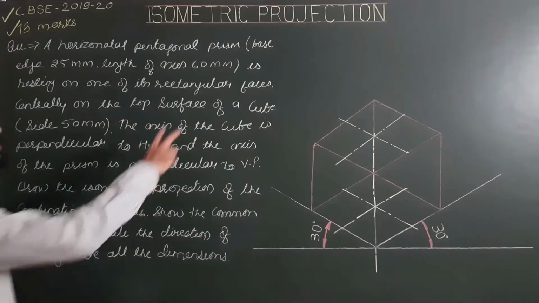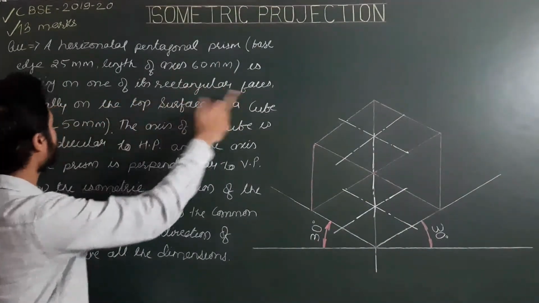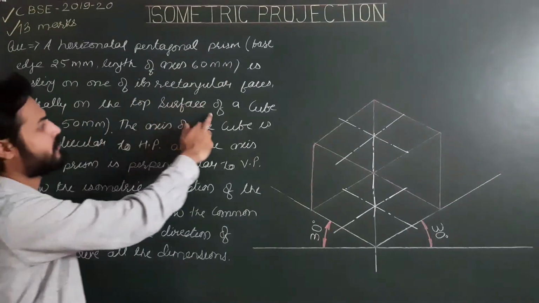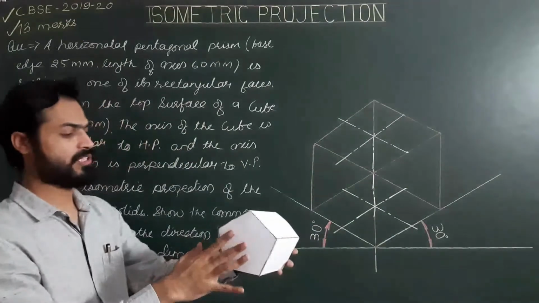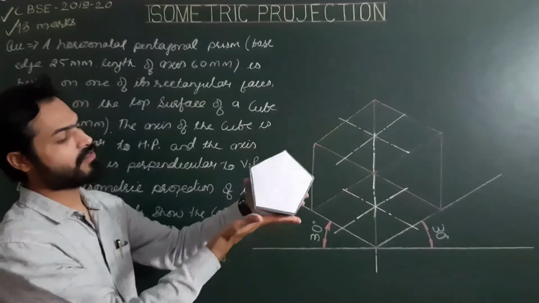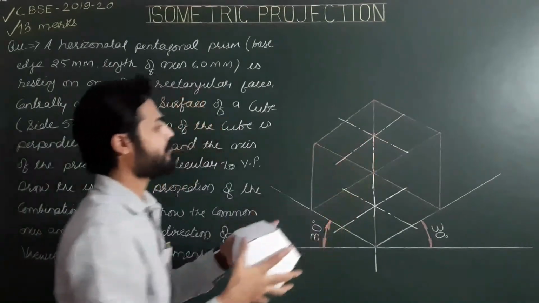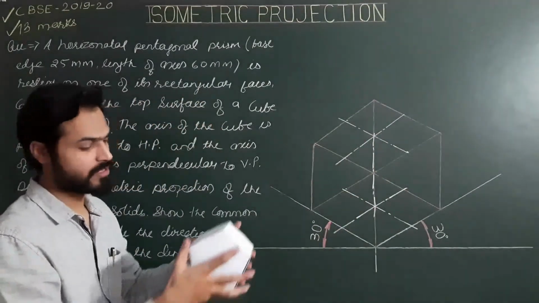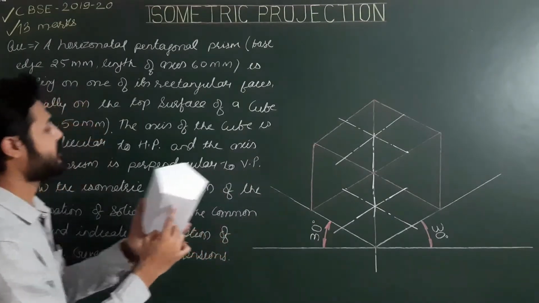Now the pentagonal prism is resting on one of its rectangular faces centrally on the top surface of the cube. So this is the top surface of the cube, and the pentagonal prism is resting with one of its rectangular faces on the top surface of the cube.